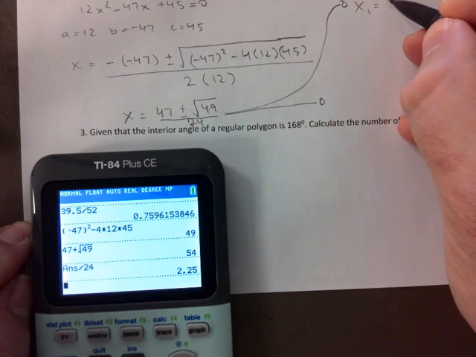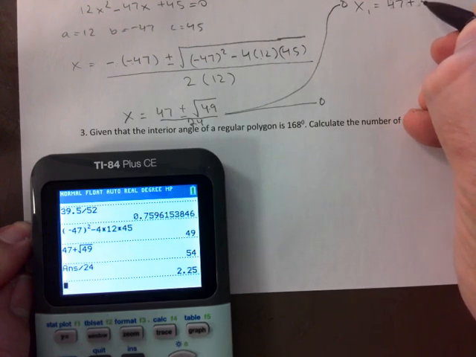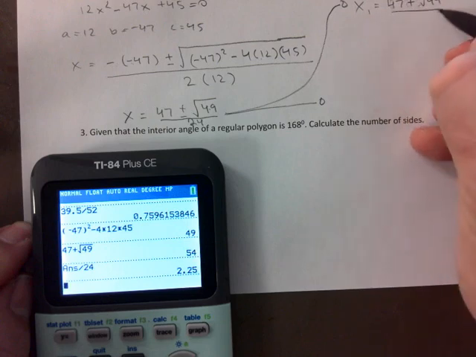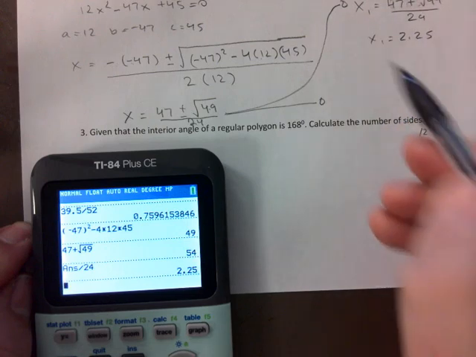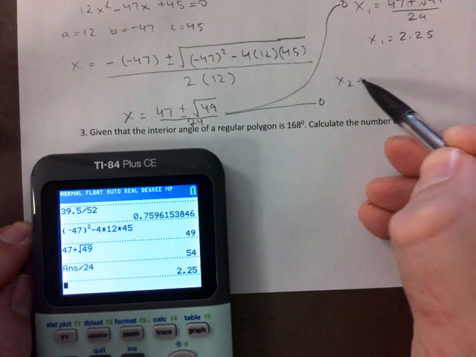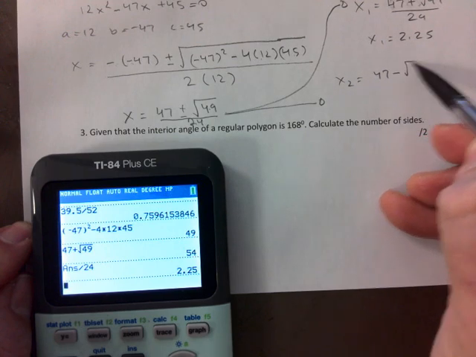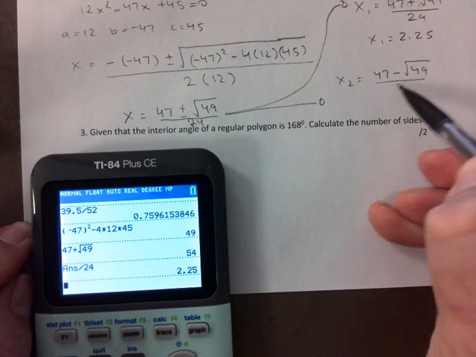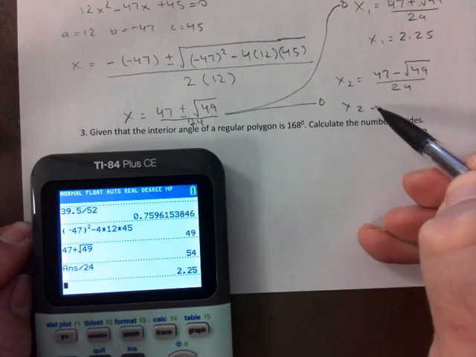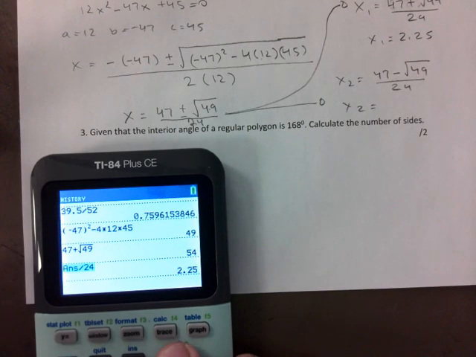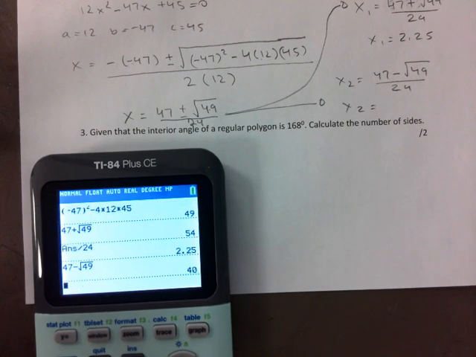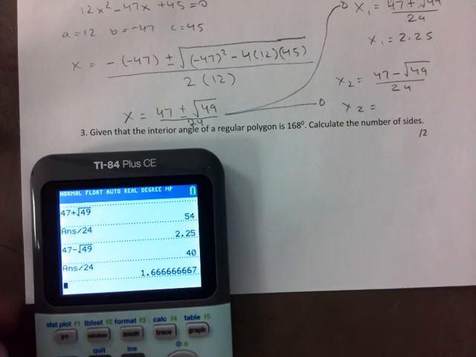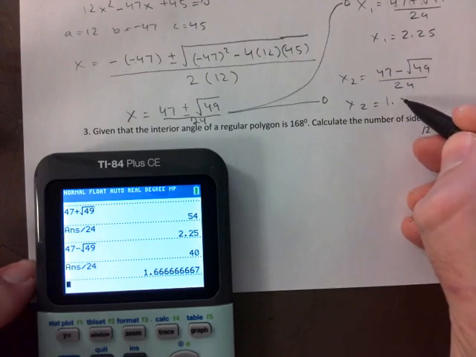So I'm going to go 47 plus root of 49 over 24, and that's 2.25. X2 is 47 minus root of 49 over 24. That's 1.67.